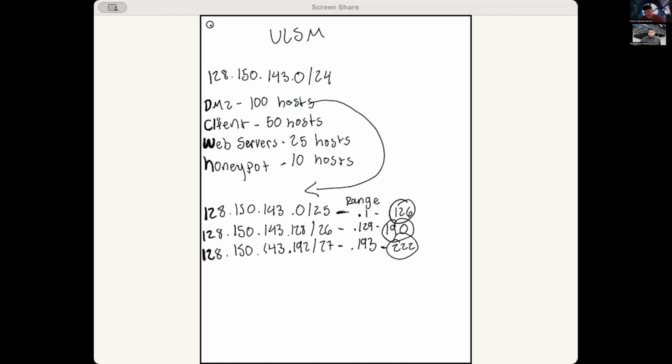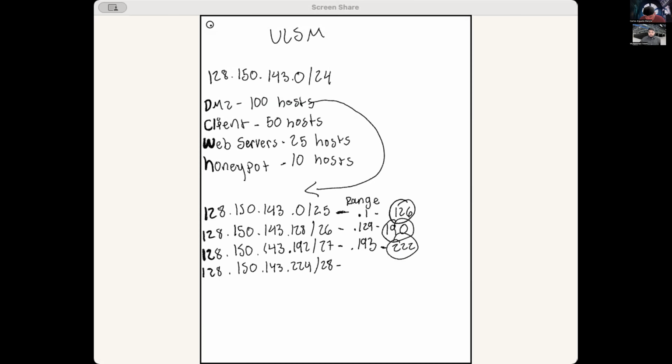Then my last requirement, which only needs 10 hosts. Subnet D, my honeypot, where I'm doing all my security research, only needs 10 hosts. So the nearest power of 2 is 16, which is 2 to the power of 4. We know this ended at 224, so my new network is 224/28.